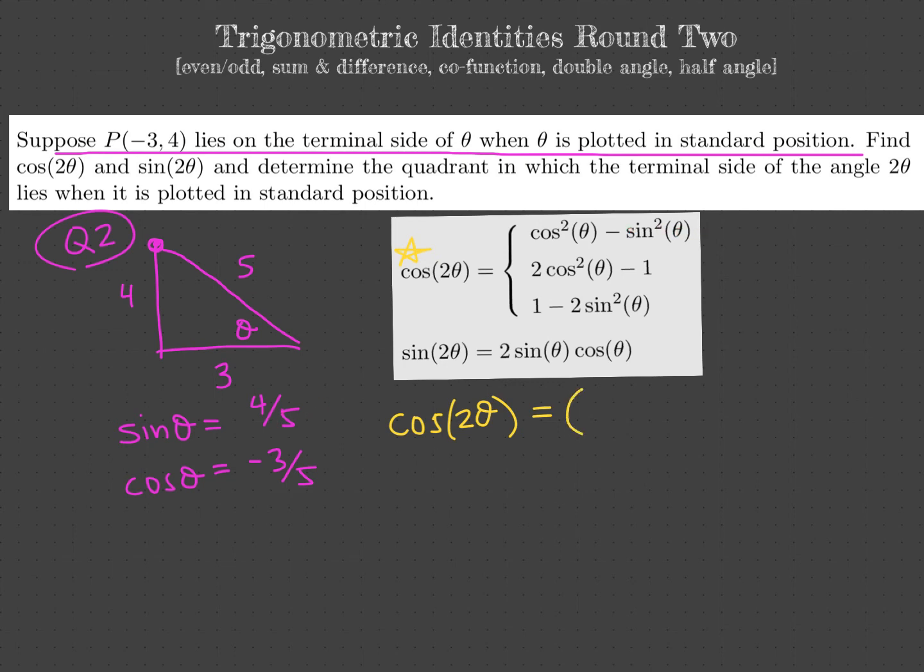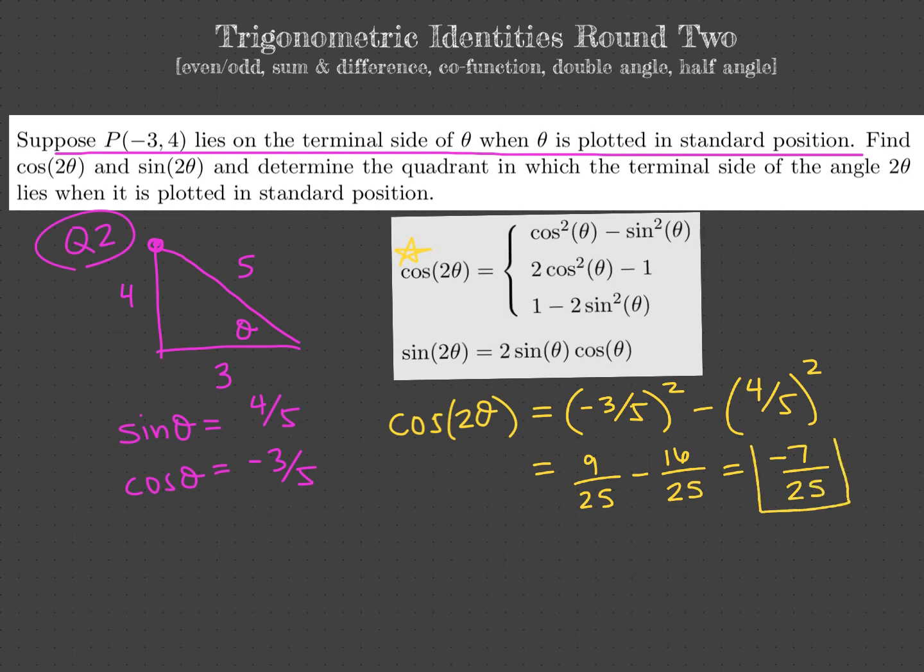So we find the cosine of theta and square it, and then minus our sine of theta squared. When we square -3/5, we get 9/25, and when we square 4/5, we get 16/25, and when we subtract, we get -7/25. So our cosine of 2 theta is -7/25.